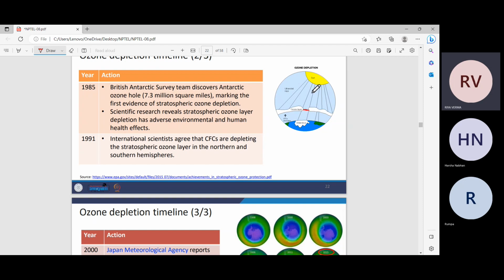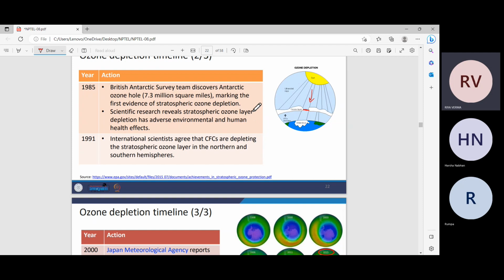So what happens is these UV rays from the sun penetrate through this layer, and in the Antarctica region, due to this ozone hole, the UV rays started coming onto the surface, and this led to the melting of the glaciers or the ice present in that region, and also the temperature started to rise as compared to the earlier times.